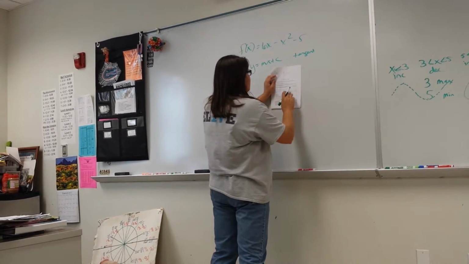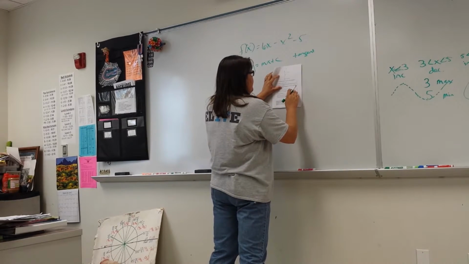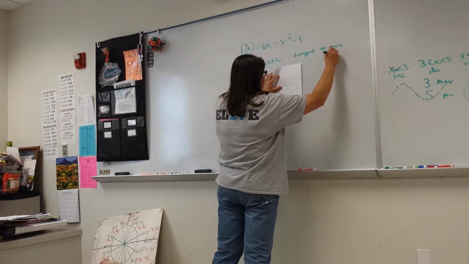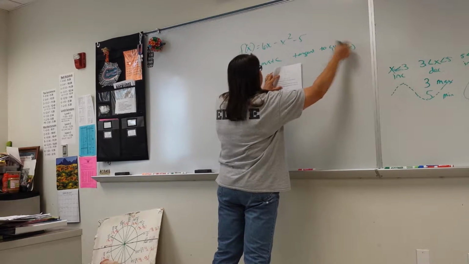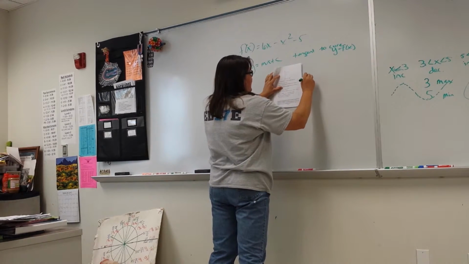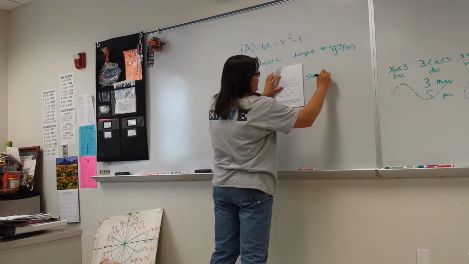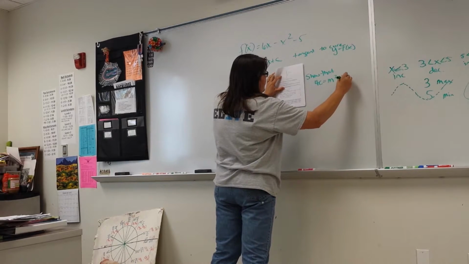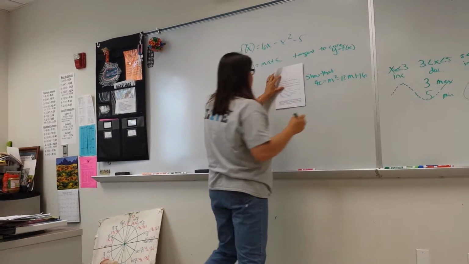So it's a tangent line. It's tangent to the curve y equals f of x, which is this curve right here. Show that 4c equals m squared minus 12m plus 16.